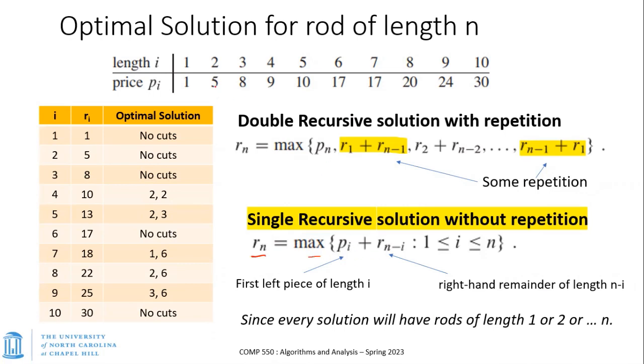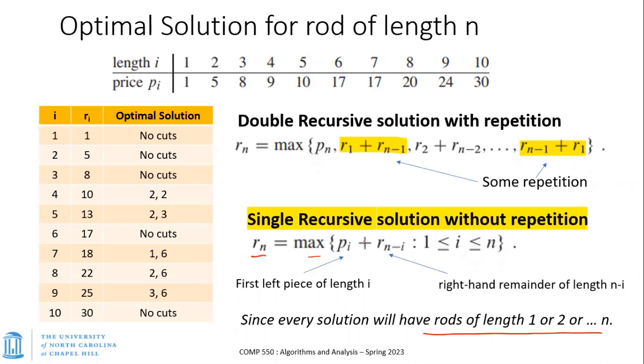Every solution will have rods of either length 1 or length 2 or length 3, all the way up till n minus 1. Clearly, every solution will have one of those.